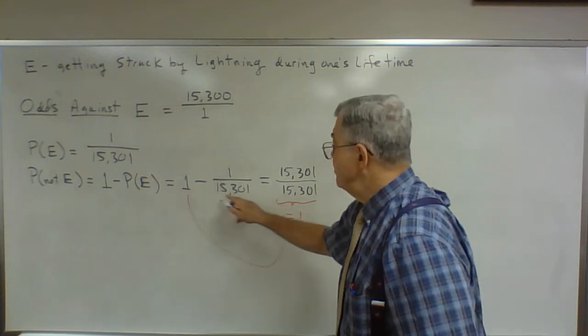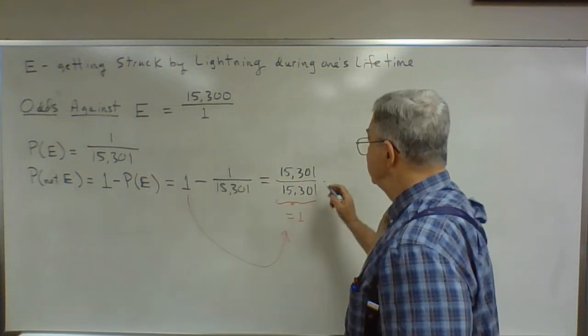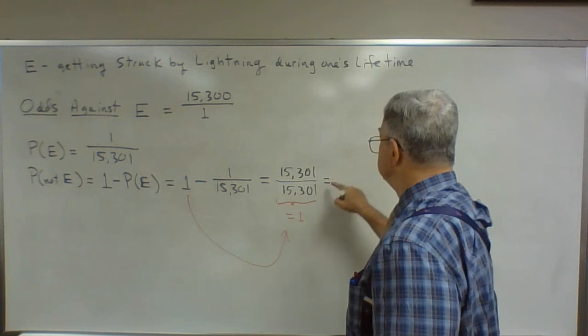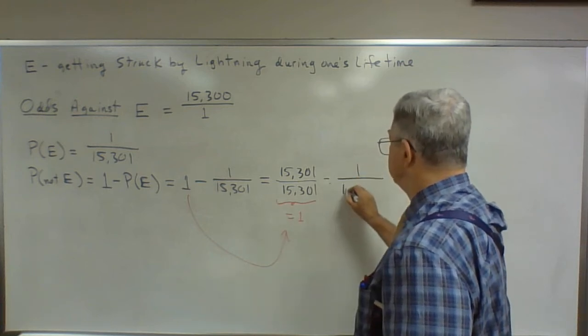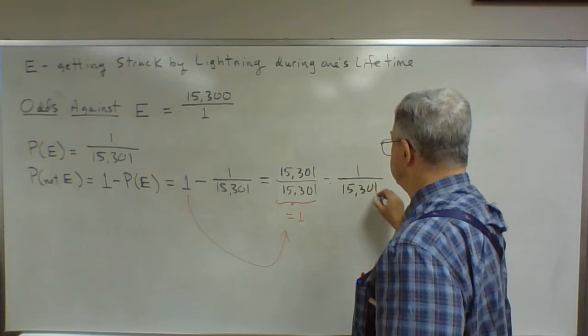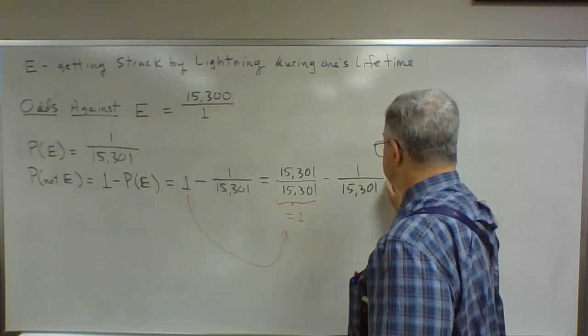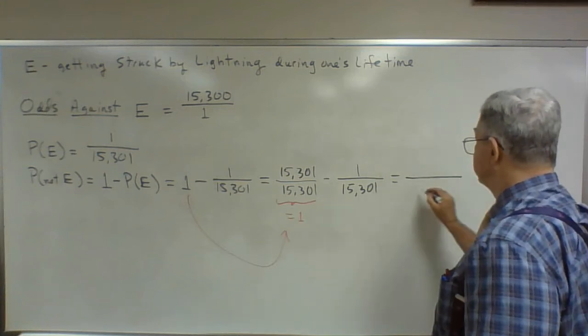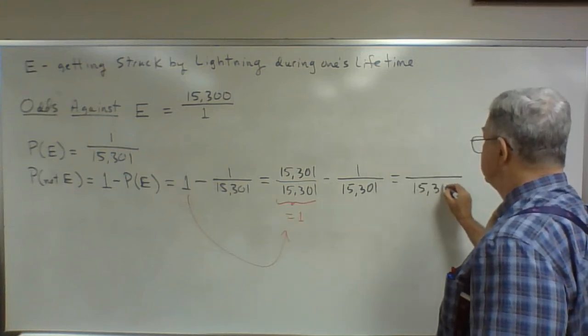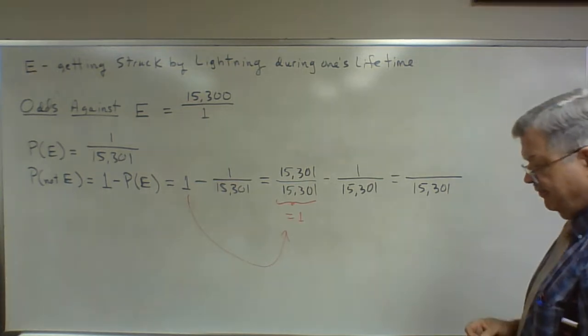So we have 1 minus 1 over 15,301. We got a common denominator. We keep that common denominator.